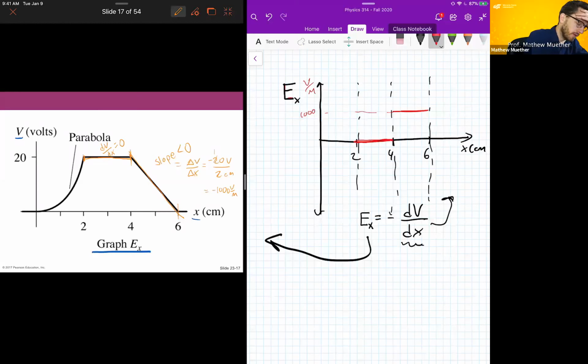Okay, negative, right? I see everywhere here that the slope is negative. Now it's not going to be constant because I see the slope is varying, right? Down here close to 0, I have a very flat slope. So the electric field should be 0 or close to 0. And then that slope is growing more negative as I go up to 2 centimeters.